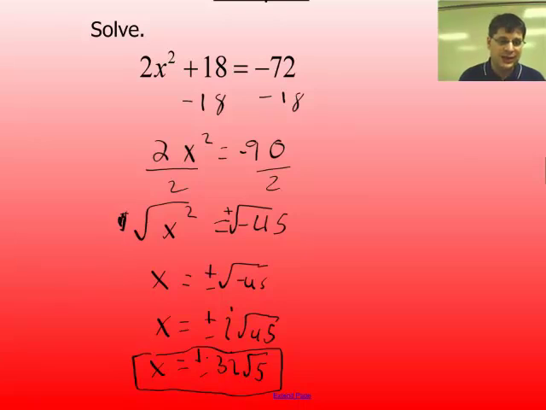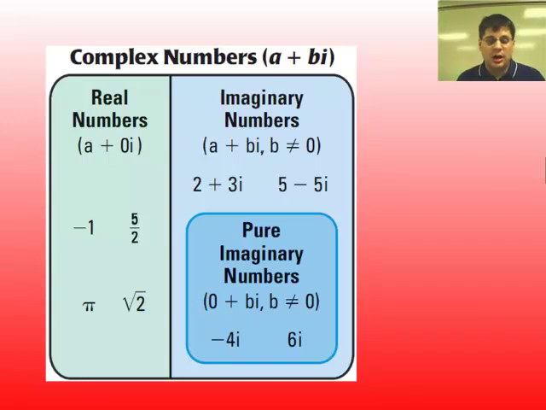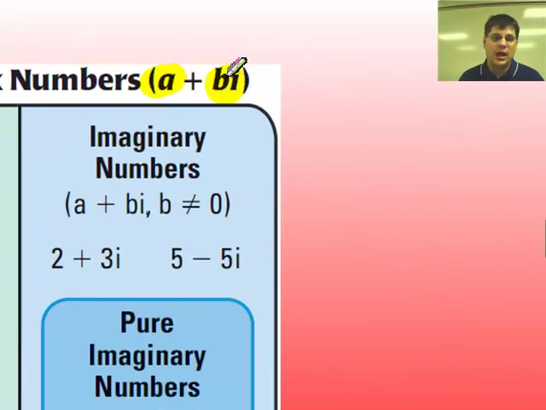Okay, so now let's talk about complex numbers. Complex numbers have two parts to them. They have a real part and an imaginary part. And complex numbers represent all the numbers in the universe. They represent both all the real numbers as well as all the imaginary numbers.